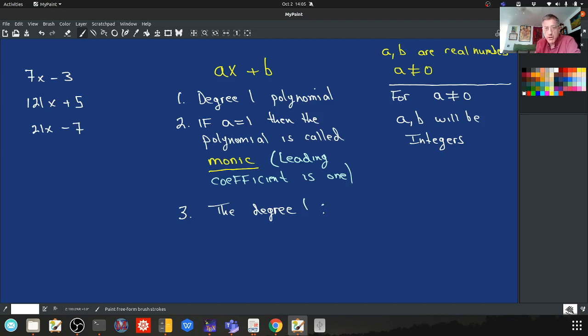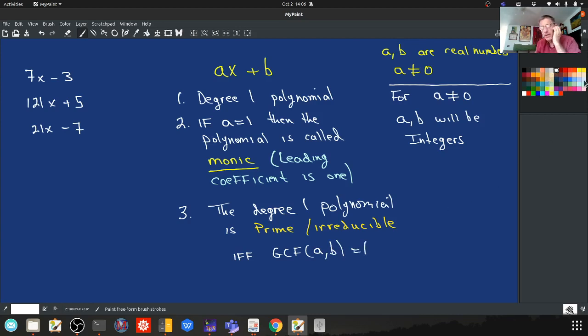The degree 1 polynomial is prime, so that means it cannot be factored. That's also called irreducible. And here's our big statement: if and only if the GCF of a and b is equal to 1.